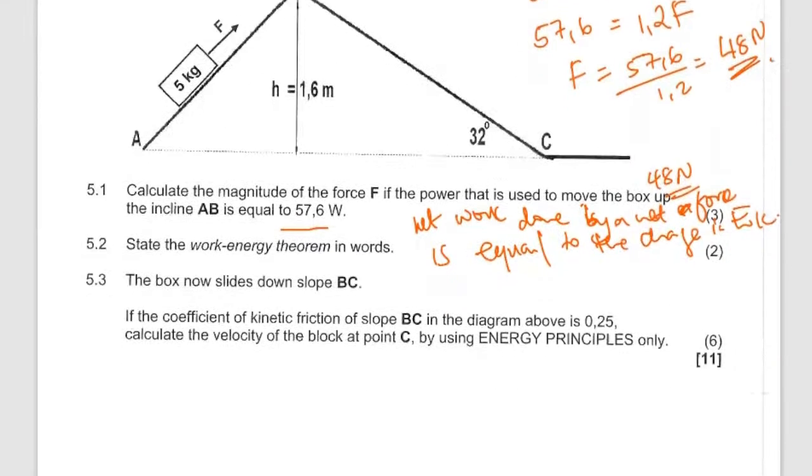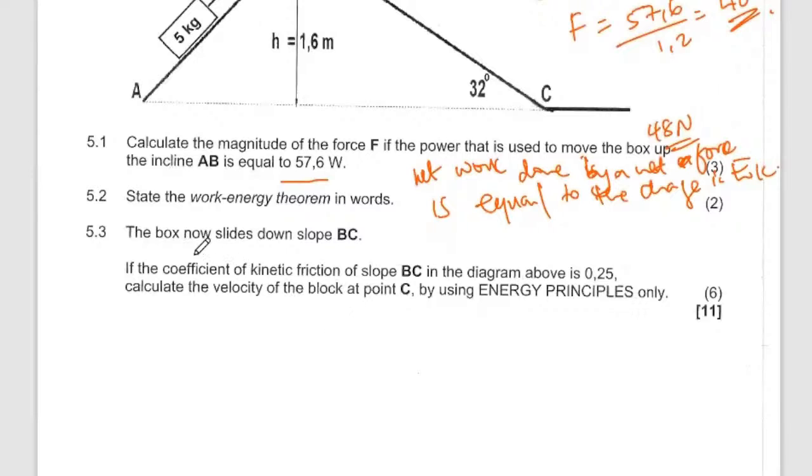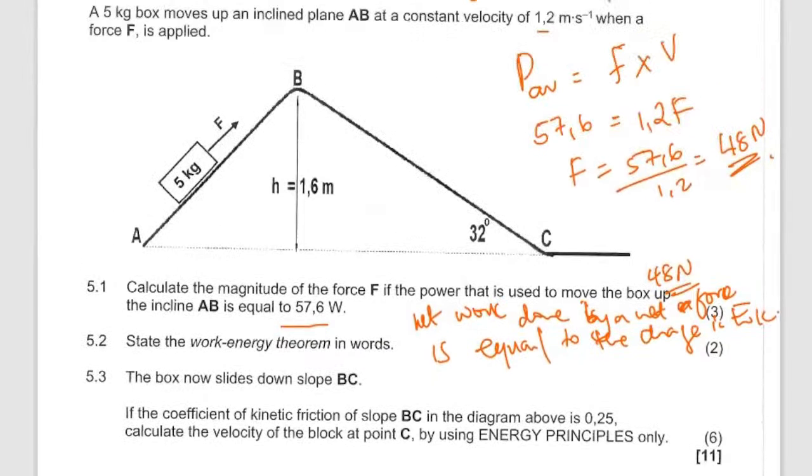Okay, so if that is true, then they were telling us that the box now slides down this. Since the velocity is constant, which means even the force is kind of constant. So if the coefficient of kinetic friction is 0.25, calculate the velocity at point C using the energy principle on it.